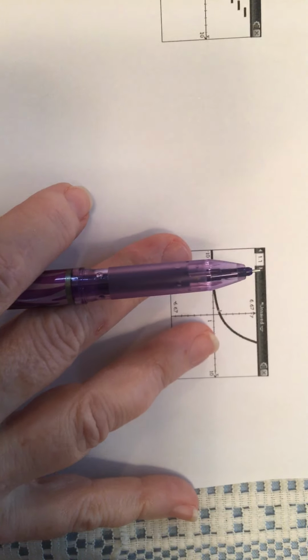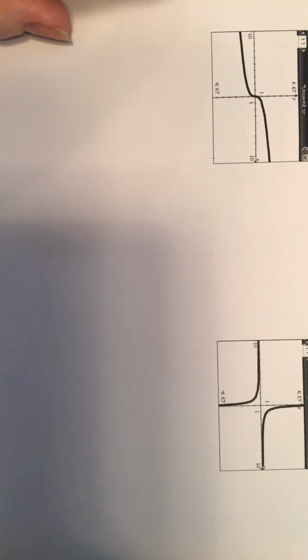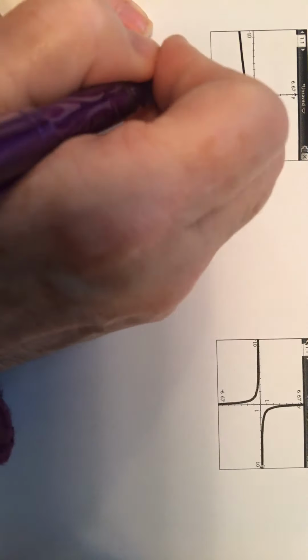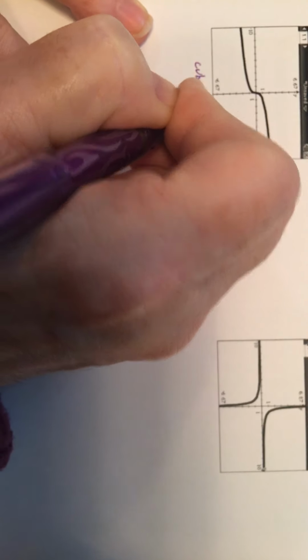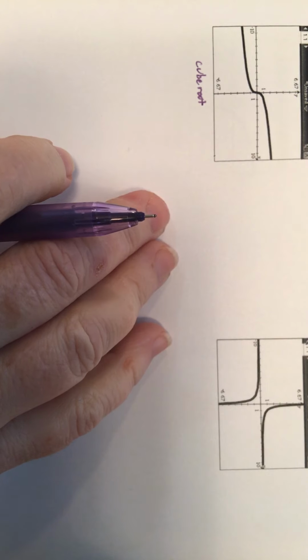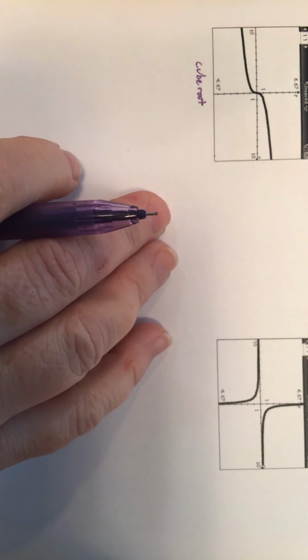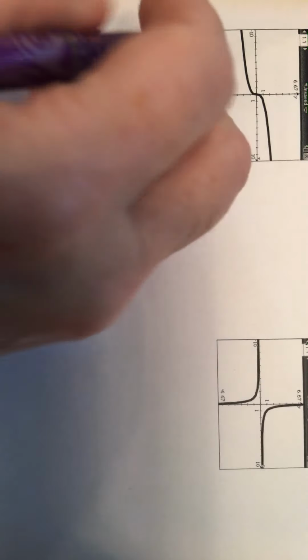So we have one more that we're going to do in this grouping, and that is the cube root function. Now, when I look at my cube root function, it's going to mimic everything that we did in our cube function, except for the quickly part is going to be slowly.